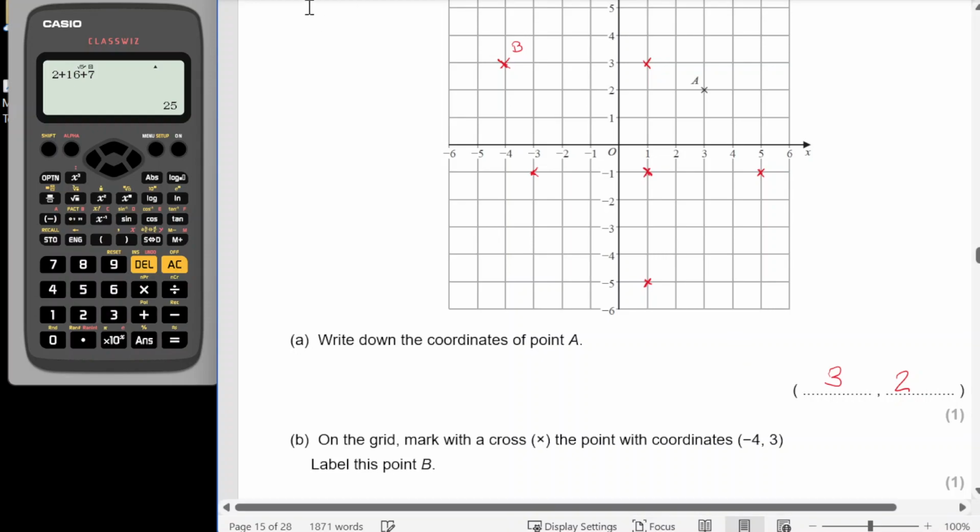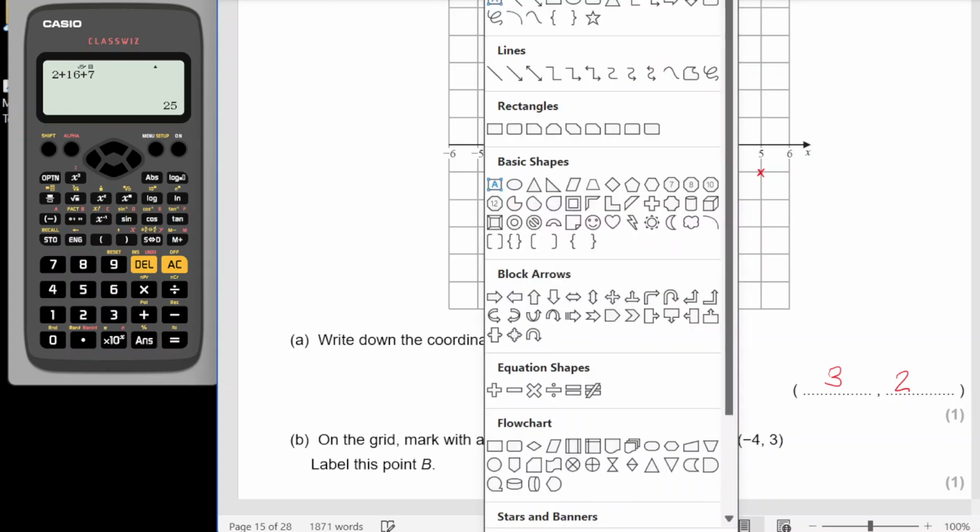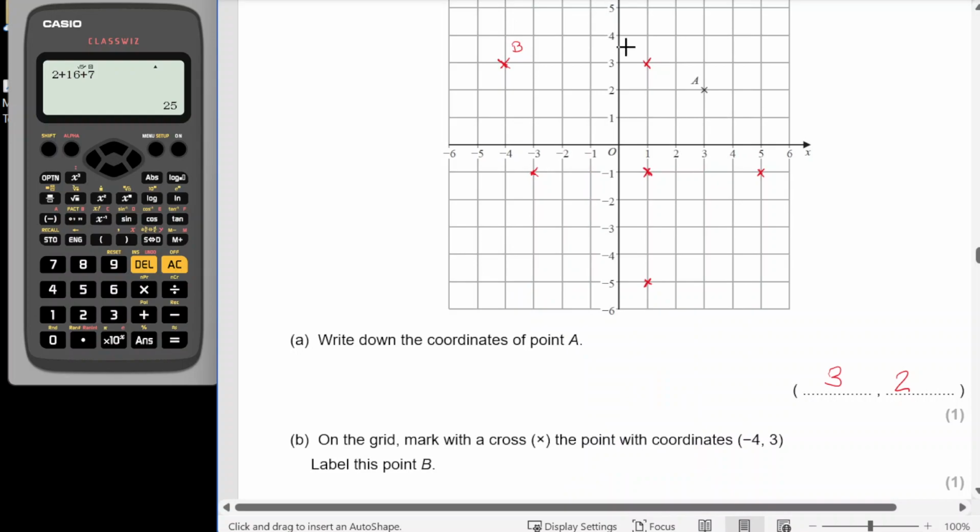I'm going to try and bring in a circle and put it in the right position.